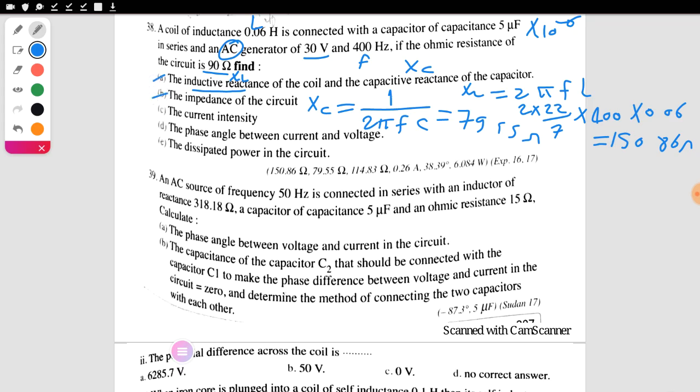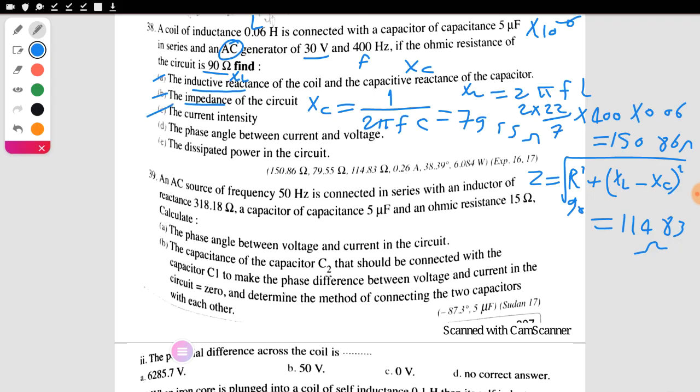Number B, find the impedance Z. Z equals root R squared plus XL minus XC, all squared, with R equal 90, XL equal 150, XC 79.5. From it we determine Z, which equals 114.83 ohm.